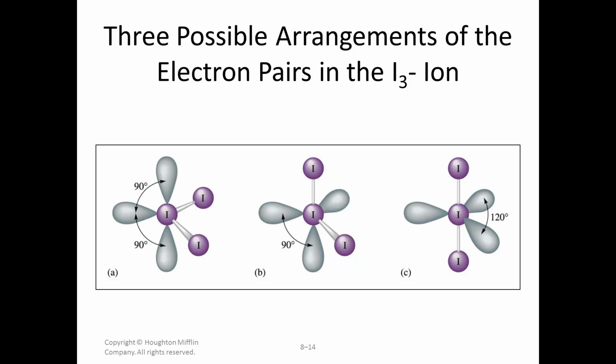In both of these figures, we have probably 104 and 107 degree bond angles between our iodides. In figure C, we have minimized electron repulsions with that linear molecular geometry. Our lone pair electrons now have 120 degree bond angles between them. Our bonding electrons are at 180 degrees.